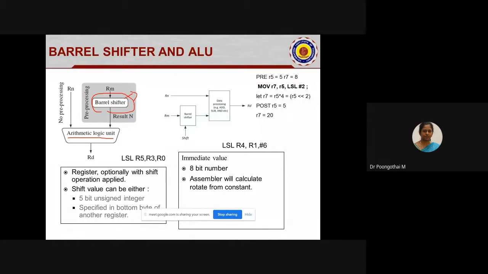Can you understand my question? So what is the difference between this parallel shifter and the classical shift register? How is it differentiated? Size, ma'am. Okay.